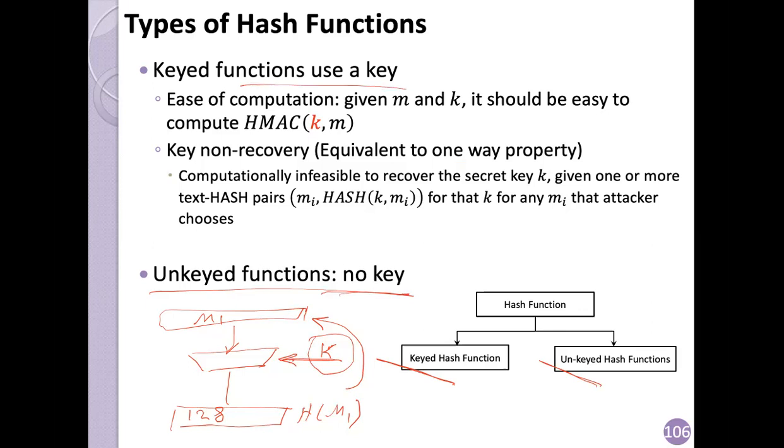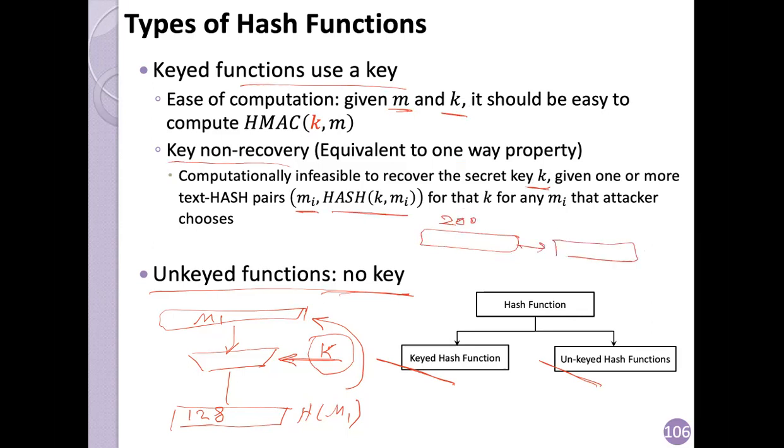They should be easy to compute: given M, which is the message, and K, we can easily compute the hash of K and M. And the key non-recovery feature says that it should be computationally infeasible to recover the secret key given one or more text-hash pairs. For example, I know that message Mi, when I hash it, returns something to me. This is the input, let's say 200 bits.